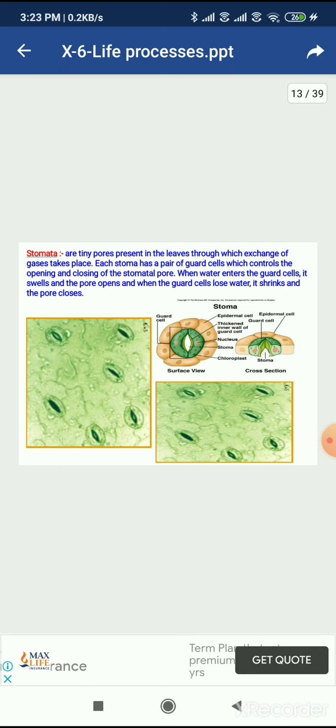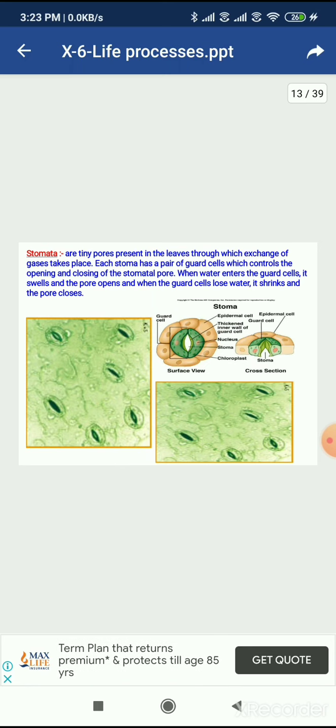Here are the stomata. Stomata are tiny pores present in the leaves through which exchange of gases takes place. Each stoma has a pair of guard cells which controls the opening and closing of the stomatal pores. When water enters the guard cells, they swell and the pore opens, and when the guard cells lose water, they shrink and the pore closes.